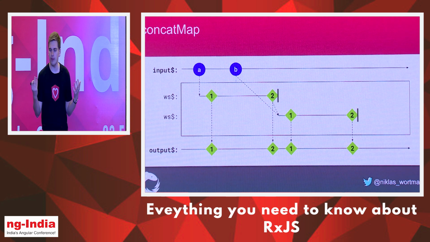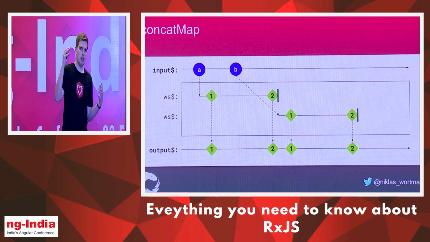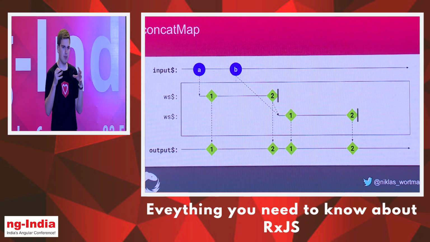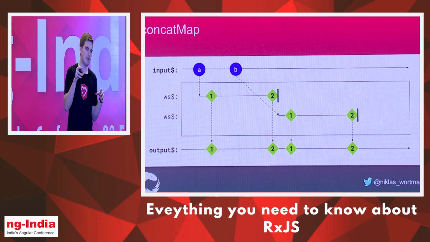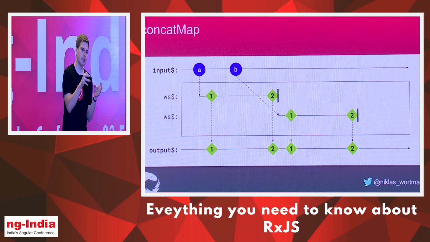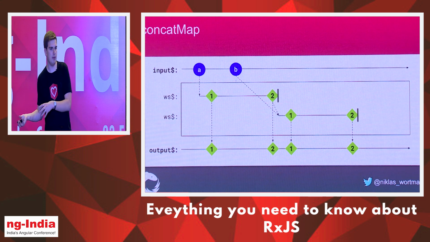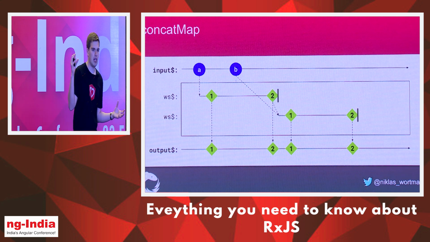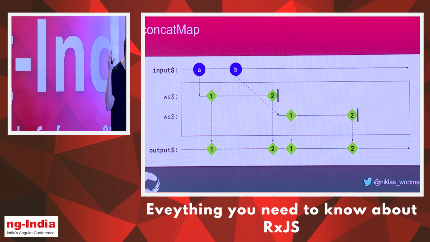Let's think about a form. We have a form and its input. The input is passed to an observable, and we want to pass that value to some HTTP request to make a type ahead search or those kinds of things.